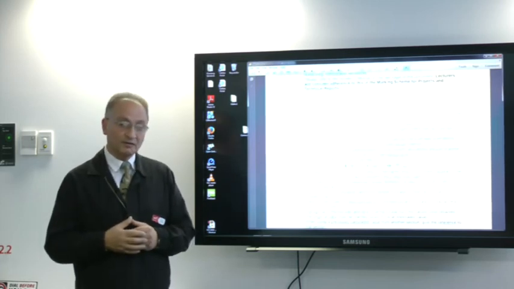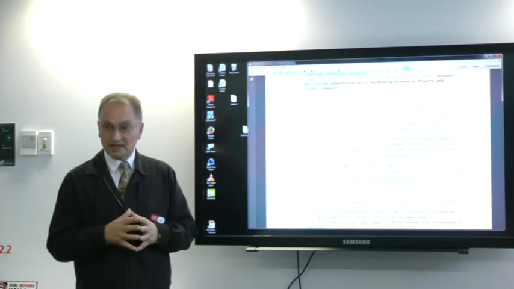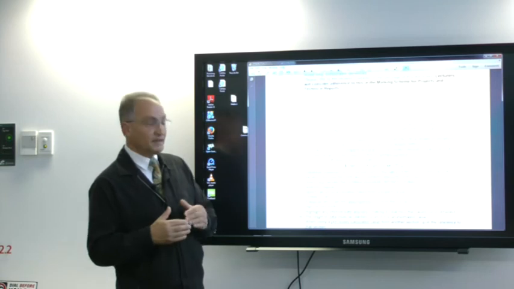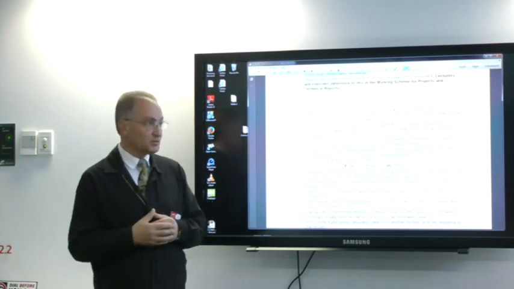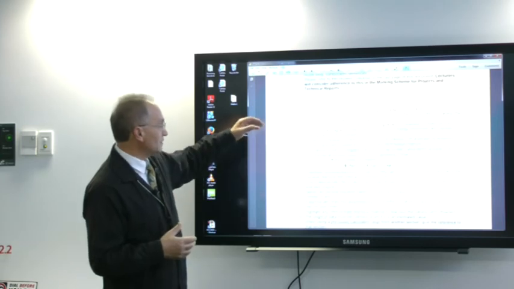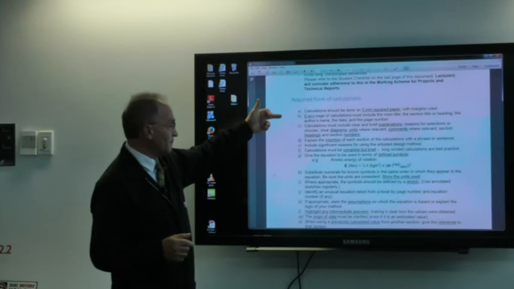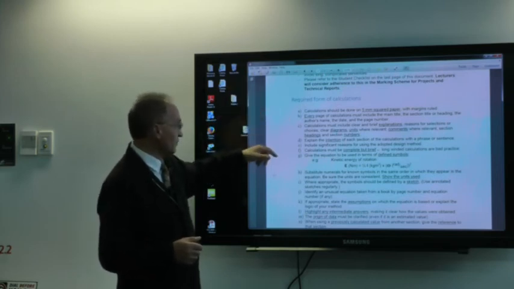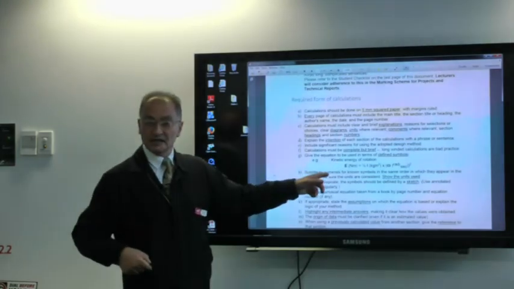And as I've said to you before, engineering offices have their own pro formas or standard calculation sheets, usually with a grid, and they have a style that all the engineers or paraprofessionals work with and adhere to, I should say.